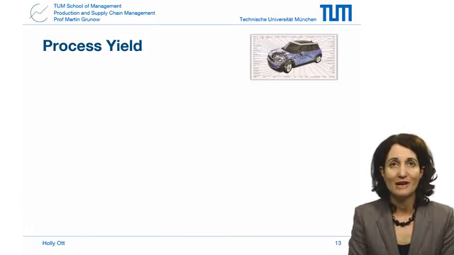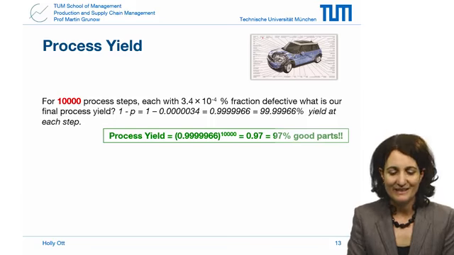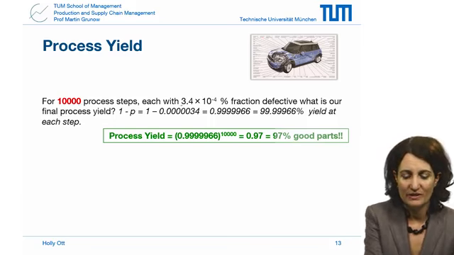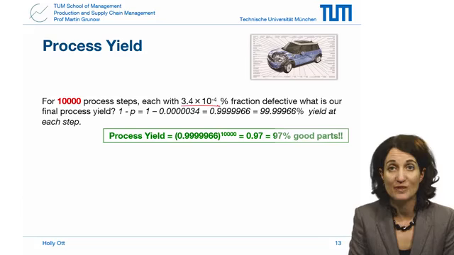Now, do you remember our automobile example, our car example? If we had 10,000 process steps, each with 3.4 times 10 to the minus 4th % fraction defective, what is our final process yield?